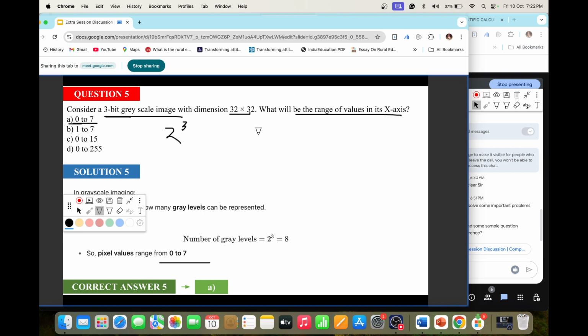So that is our image that we take, that is an 8-bit image. Okay, that is why we have our color values from 0 to 255. Okay, 256 values, that is 0 to 255. So that is related to this. Okay, what will be the range of values, that is what is the range of color values or any type of values.